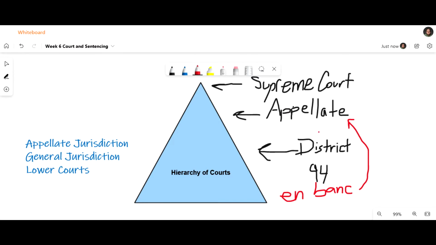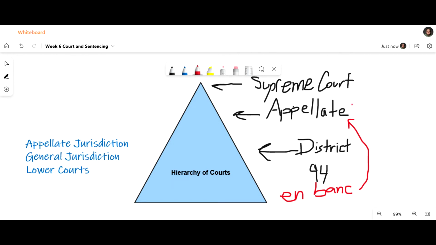At the appellate level, if you take a federal district decision to the appellate courts of the United States, a group of 3 judges would hear your plea, look at your case, and determine: is it unconstitutional and needs to be reevaluated, or was the sentence constitutional and appropriate, and it upholds the sentencing?